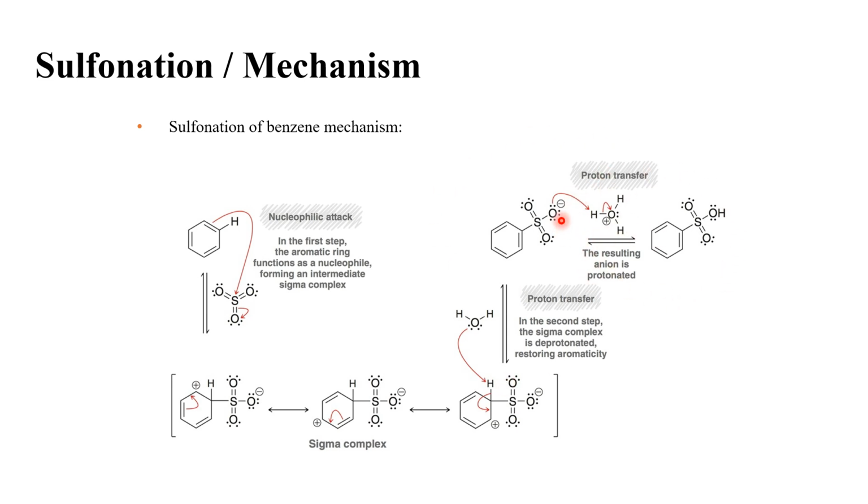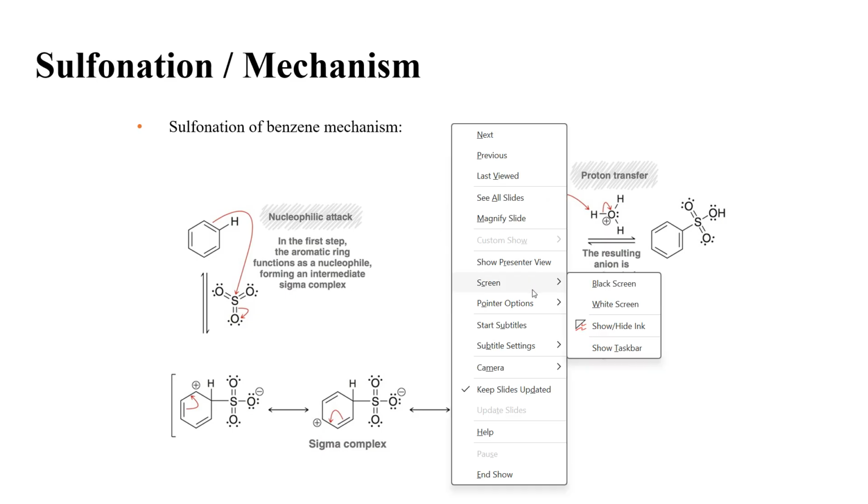Notice there's an additional proton transfer to neutralize that negative charge to make it an OH group. So there is an additional step here. Like I said, electrophilic aromatic substitution reactions have a generic two-step mechanism, nucleophilic attack and then proton transfer. We do have an additional proton transfer just to make that O negative that was made over here an OH, right?